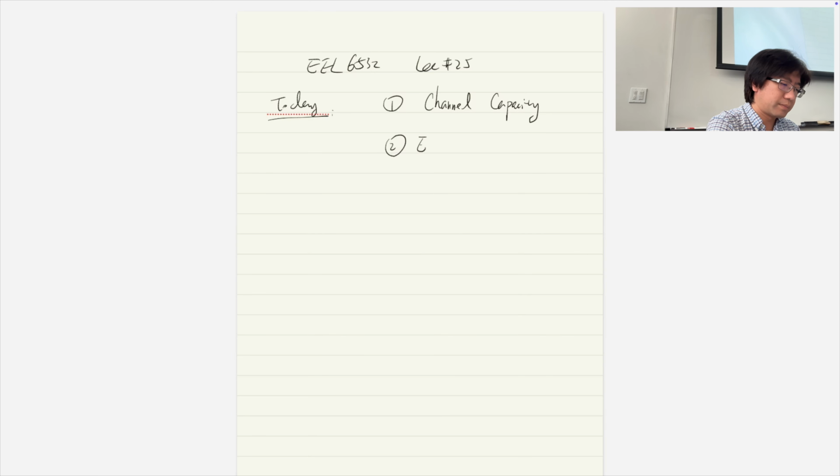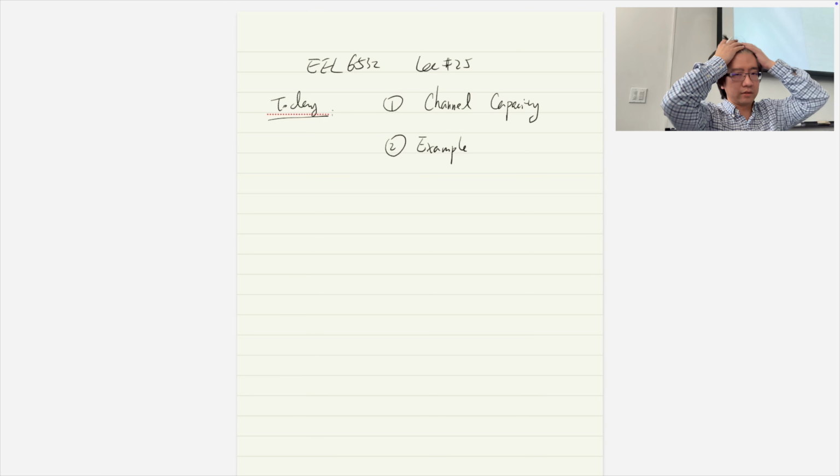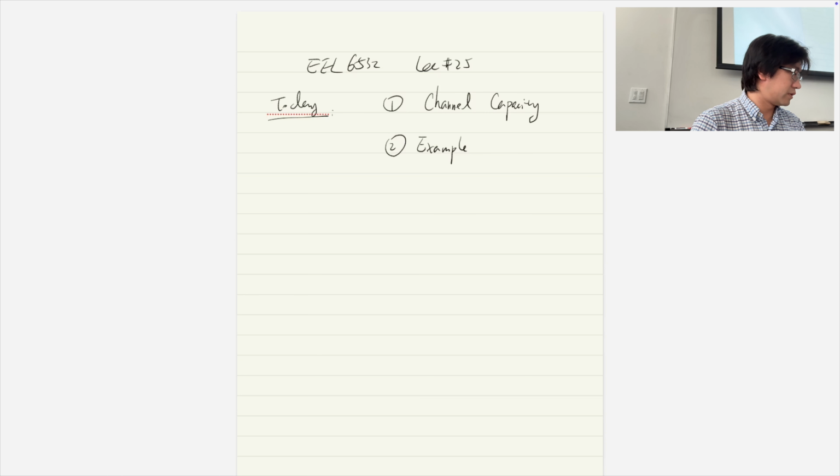Then we'll give some examples of how to compute the channel capacity, which is an application of it. And in the very last part, we're going to show the channel capacity mathematically. It's a pure mathematical proof, but we're going to talk about the computation and application first.